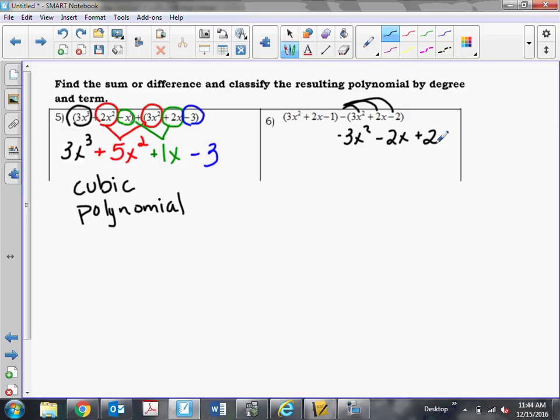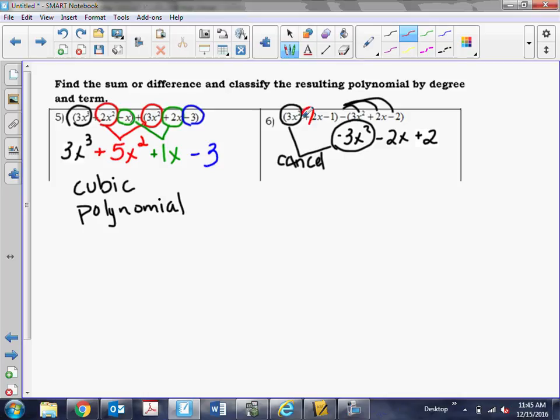Now we combine our like terms. This 3x squared and this negative 3x squared end up canceling out. If they cancel out, we do not write them in our answer.